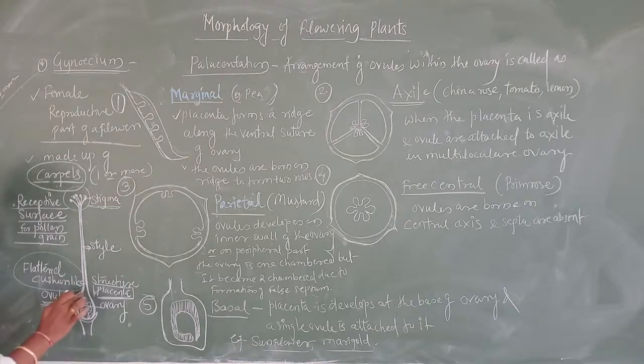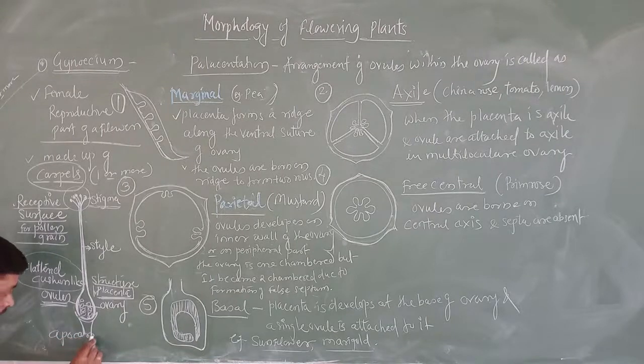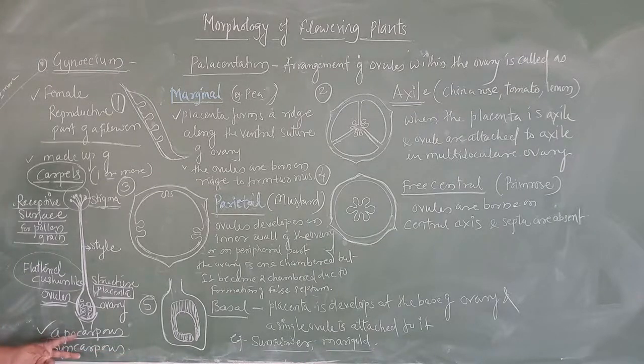If there are more than two carpels and they are free, such carpels are called apocarpous, and syncarpous. What are the definitions for apocarpous and syncarpous?